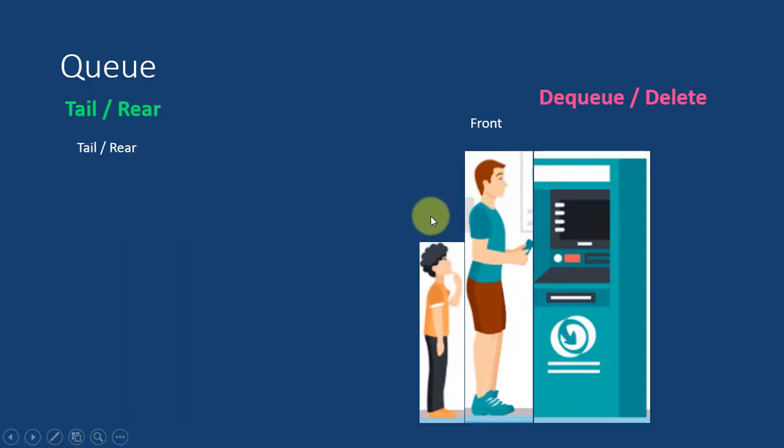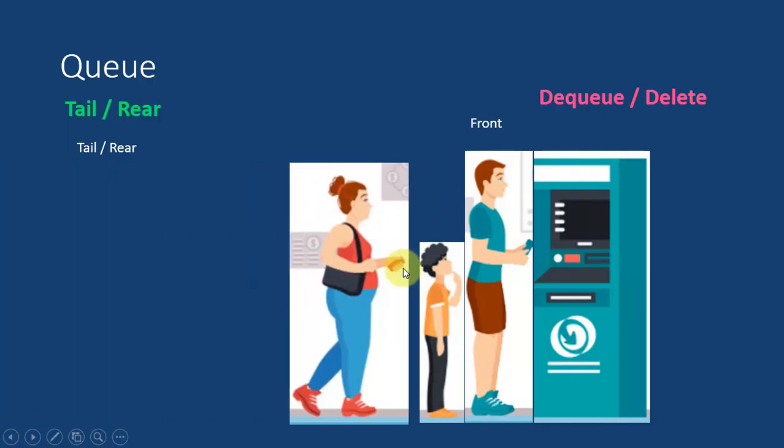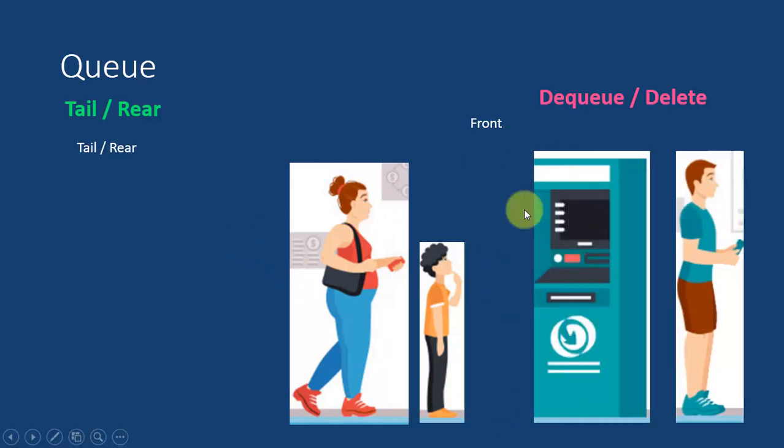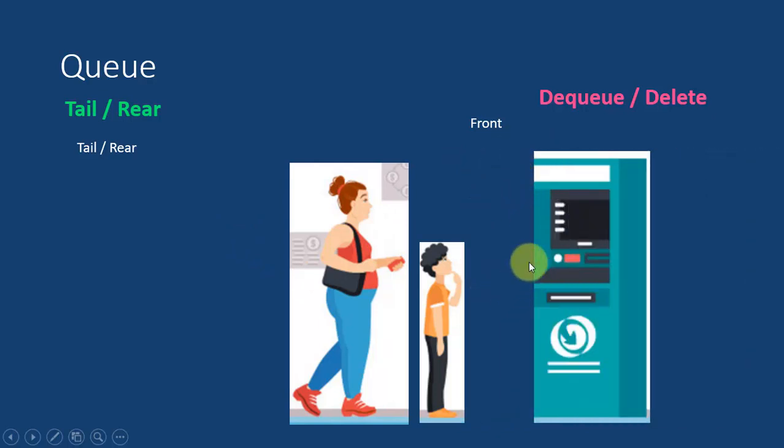Then the second one comes at the rear end, or tail end. Now the third person comes in and joins the queue at the rear end. Now suppose I want to delete an element, or my first person has finished his job and taken out money. So from the front end, the element is deleted.